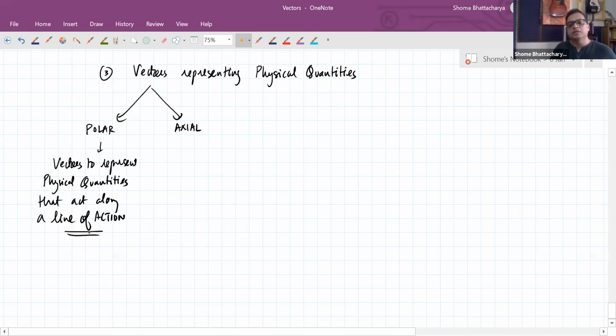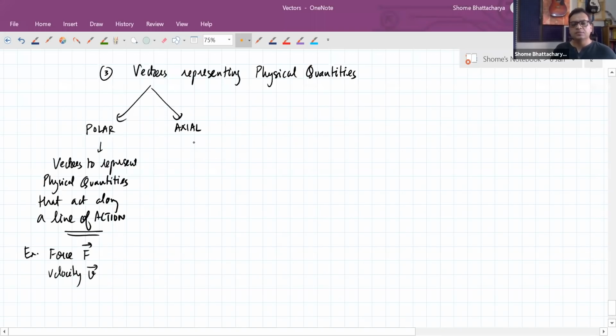So the direction of that vector is the line of action. For example, force acts along a line of action and that becomes the direction of the vector. Velocity also acts along a line of action, so that is the direction of the vector.